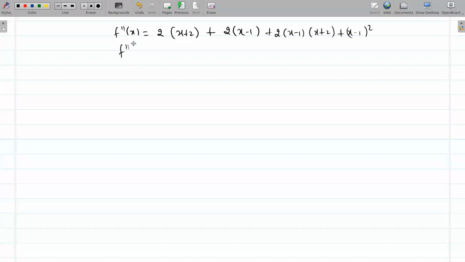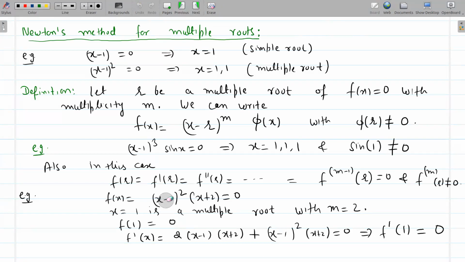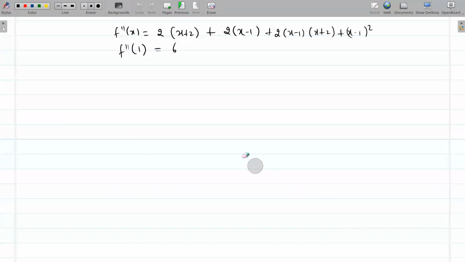So if you put 1 in the second derivative, that is now 6. This term x equal to 1 and all other terms will vanish. So in that case, (x minus 1) square, 1 is a double root, so first derivative is 0 and second derivative is non-zero, then the multiplicity of the root is 2.